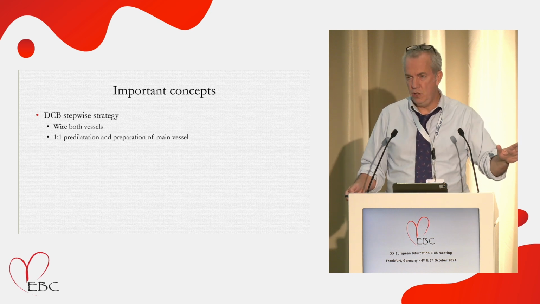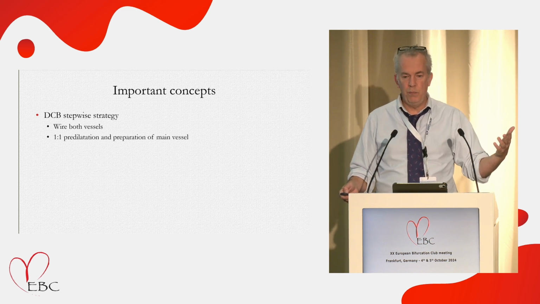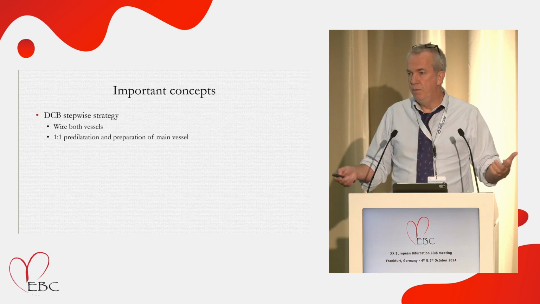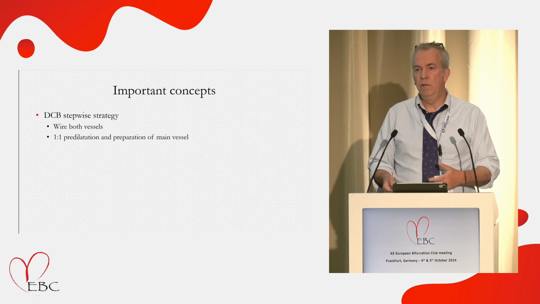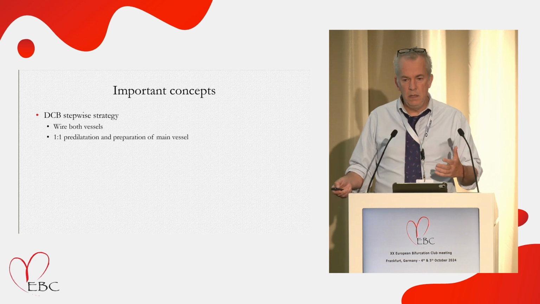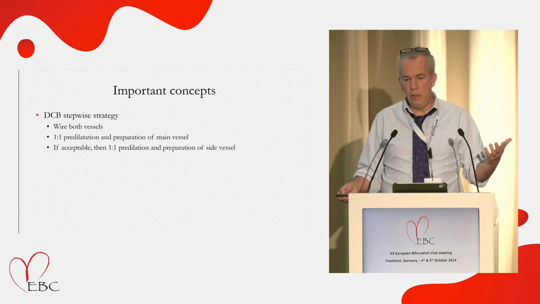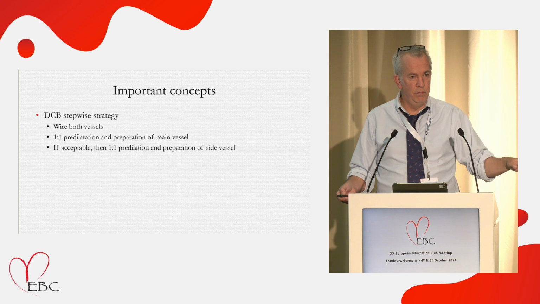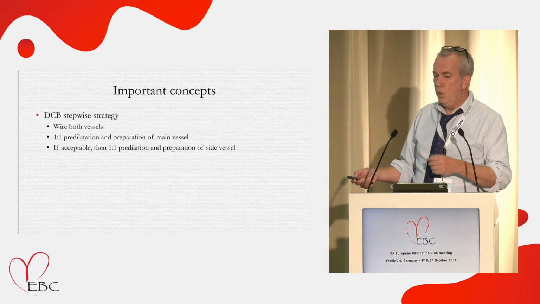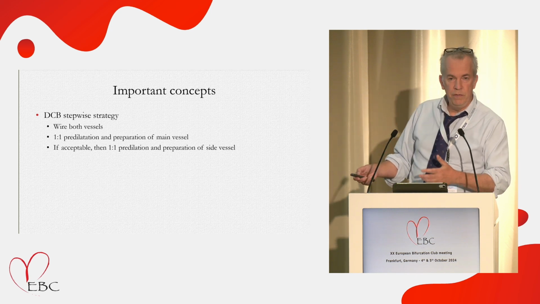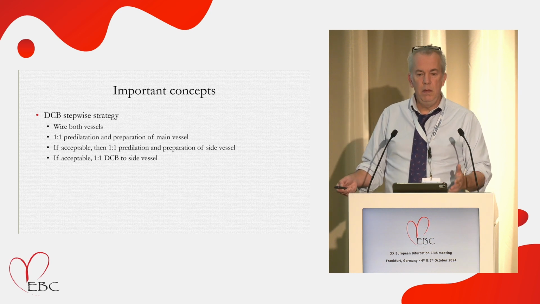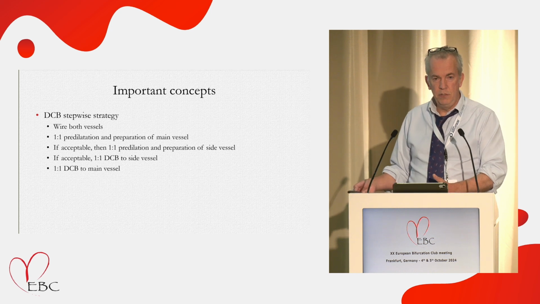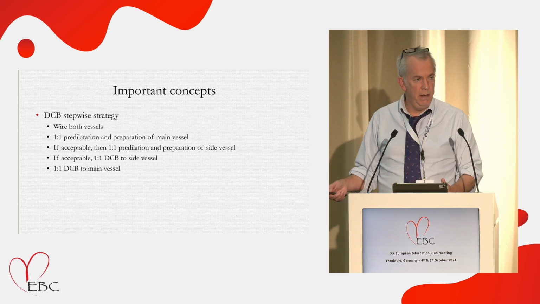The basic strategy is wire both vessels, one-to-one predilatation and preparation of the main vessel first, and that will probably mean more liberal use of cutting balloons, scoring balloons, things like that, than previously we've been used to with just stenting. Then, if acceptable, and I'm going to come back to what that word means, then one-to-one predilatation and preparation of the side vessel, DCB to side vessel, DCB to main vessel. So it's main, side, side, main.